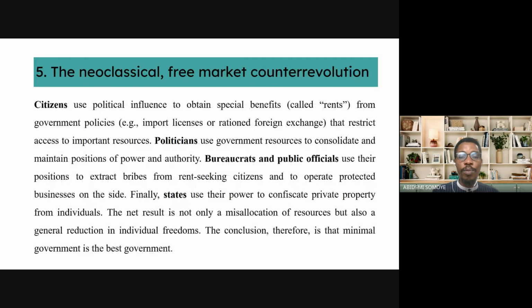There's nothing wrong with self-interest, but self-interest must translate to societal development. Citizens use political influence to obtain special benefits called rents from government policies, e.g., import licenses or rationed foreign exchange that restrict access to important resources.